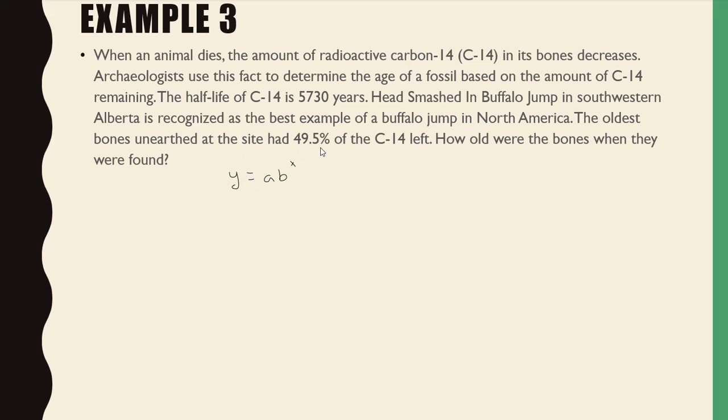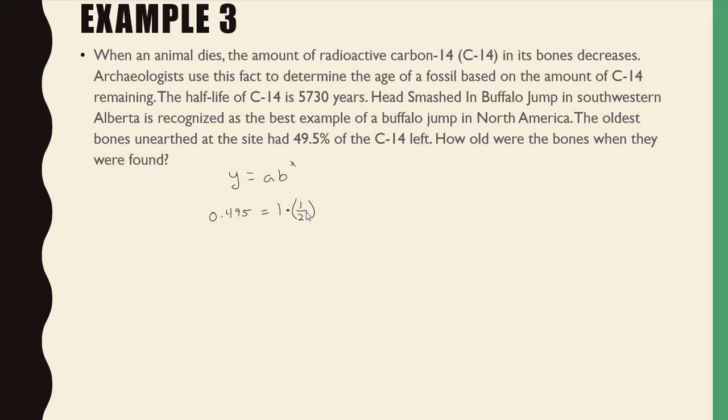In our case, we have 49.5% remaining, which as a decimal is 0.495. When the animal dies, it should have all of its starting amount, so it should have 1 to start. Now we're talking half-life, so every so many years we lose half of its value.